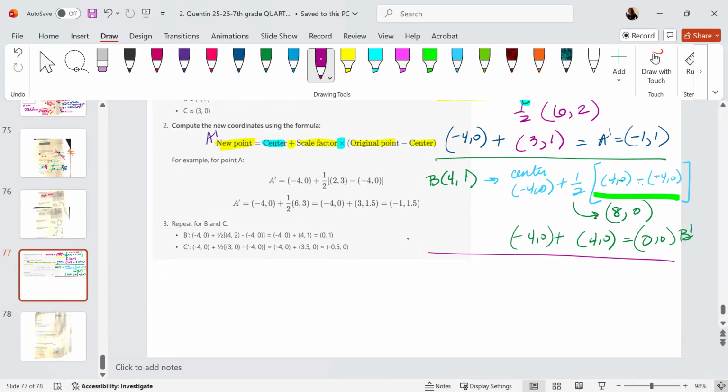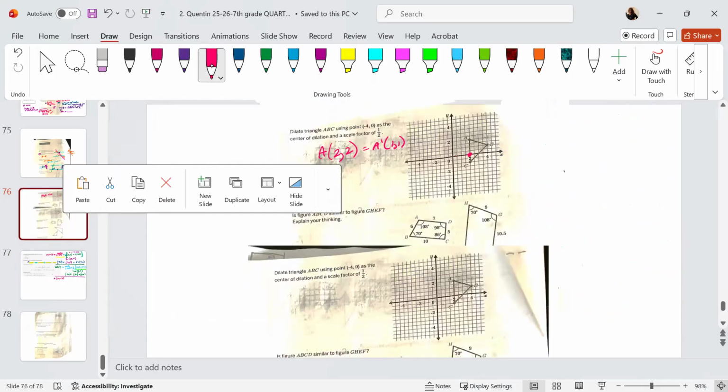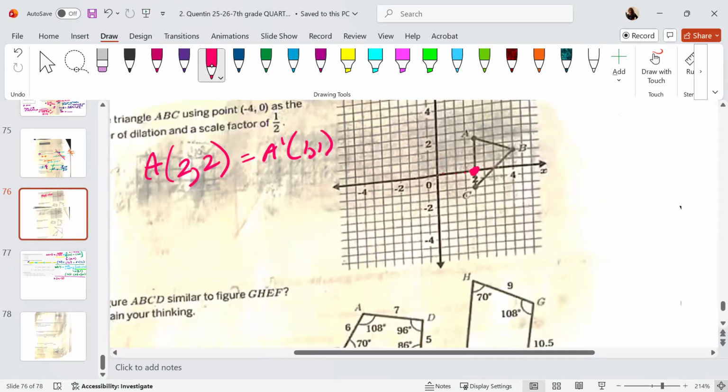You got it? What's C? 2, negative 0.5? Wait, hold up. No, it's not.